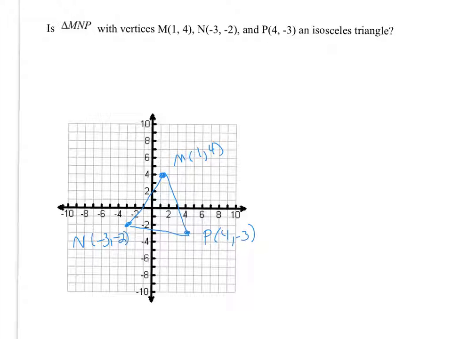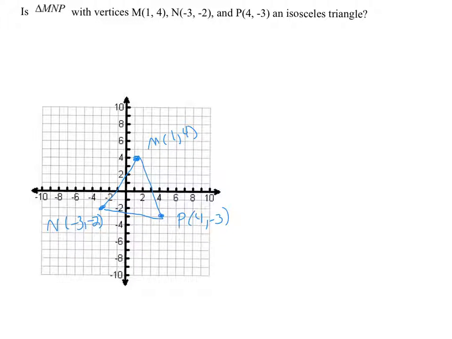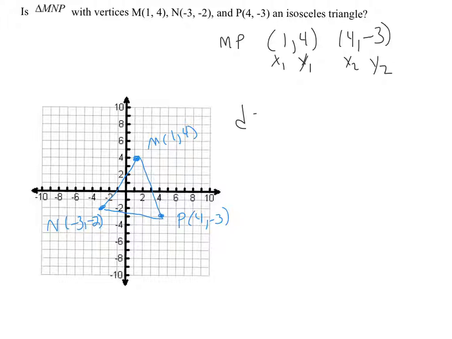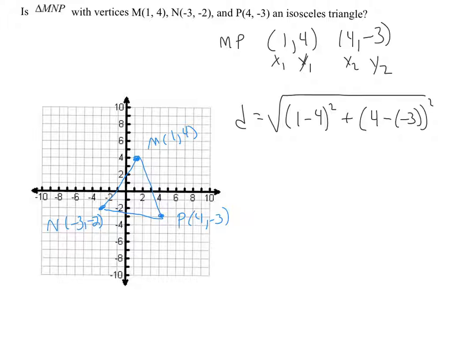So all we'll have to do is find the length of each side. First I'll start with side MP. MP is between the points 1, 4 and 4, negative 3. So I'll find the distance between those. This is x1, y1, this is x2, y2. The distance will be the square root of (1 minus 4) squared plus (4 minus negative 3) squared, which will be addition.